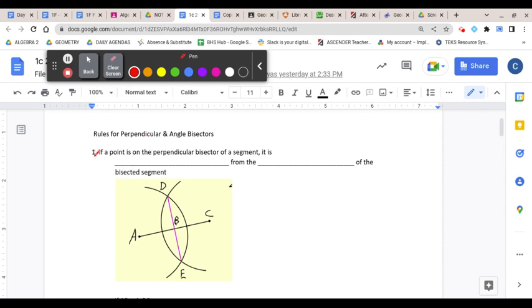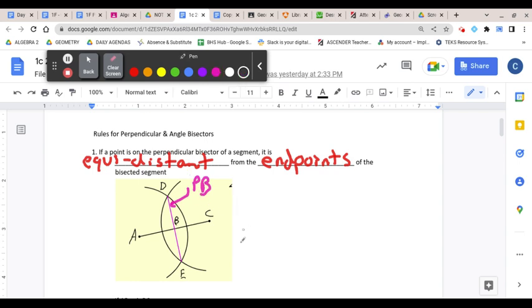If a point is on the perpendicular bisector, it is equidistant, which is the same distance, equidistant from the endpoints of the bisected segment. So this pink line right here is the perpendicular bisector in our notes. This is the perpendicular bisector.